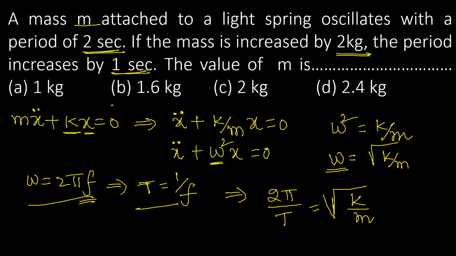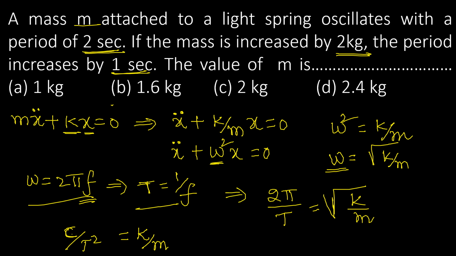Now, squaring both sides yields some constant divided by t square, that is equal to k by m. Now k is also constant. The term c, that is 4 pi square, is also constant.